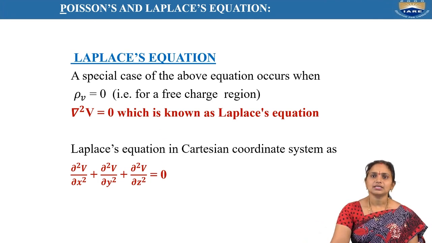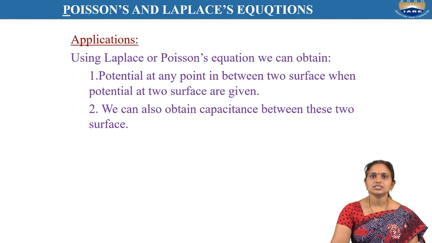The applications of Laplace and Poisson's equations are helpful to measure potential at any point in between two surfaces when the potential at one surface is known.